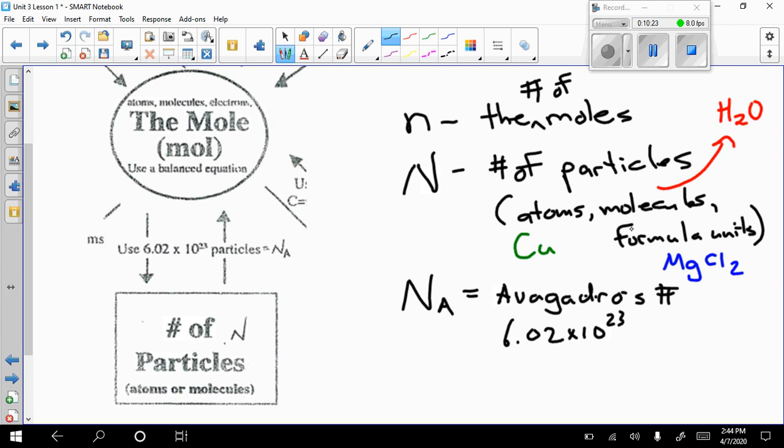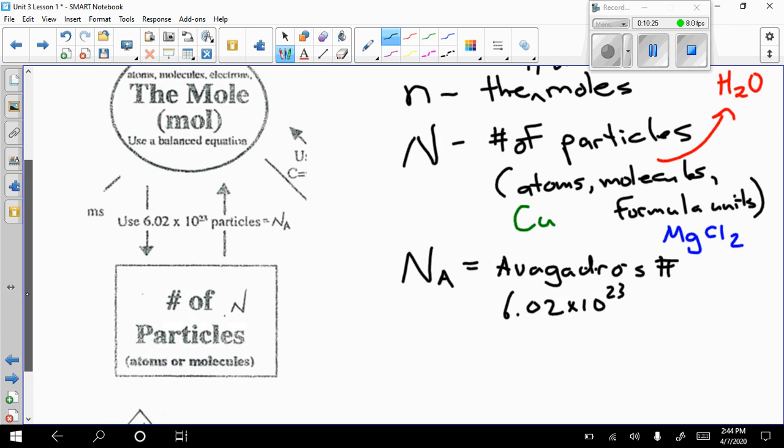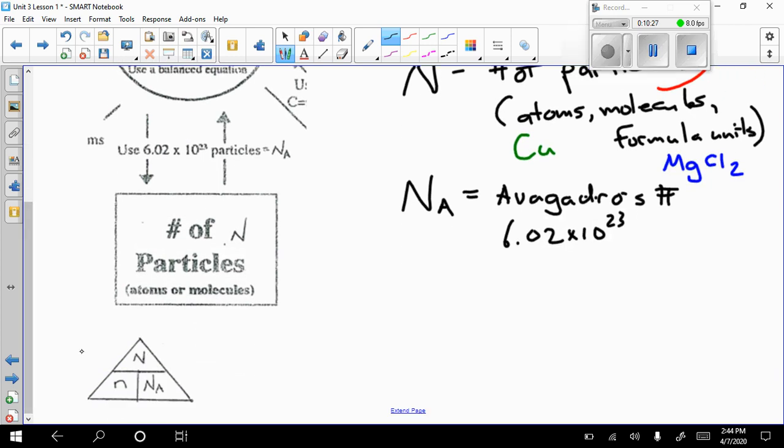Now, right at the very bottom of the hub, it shows you this triangle. And that triangle, I'm just going to move it over here just to play with it a little bit. The triangle is often used to represent formulas. Some of you may have seen triangles like this for density, or for speed and distance. But we use it in chemistry. What this represents is the relationship between the number of moles, the number of particles, and Avogadro's number.